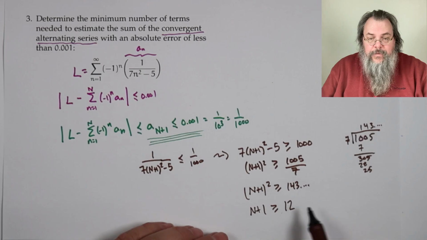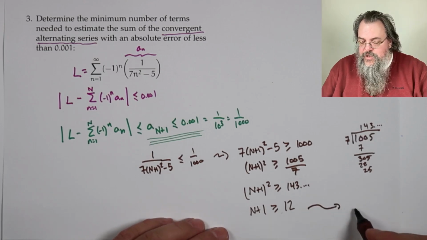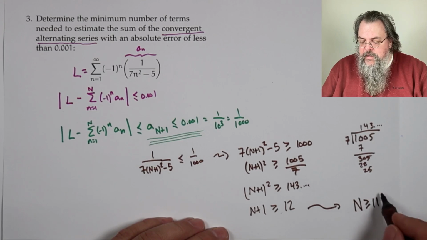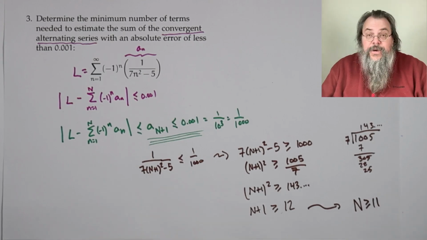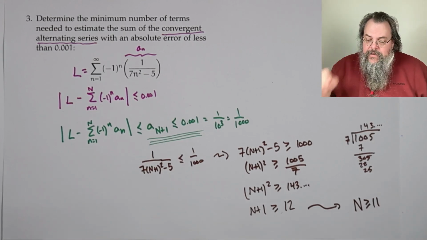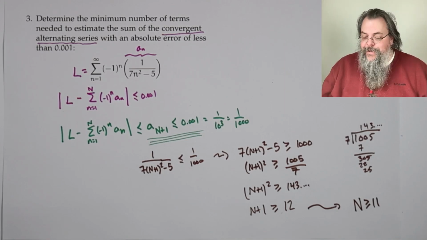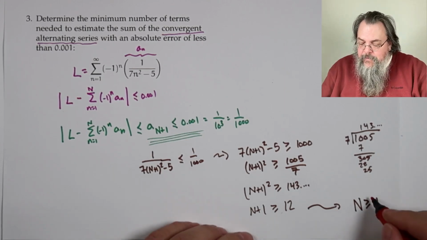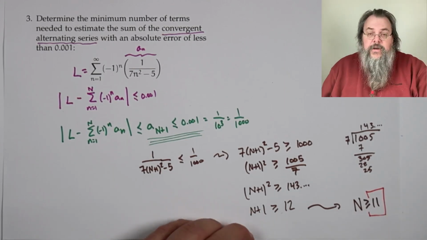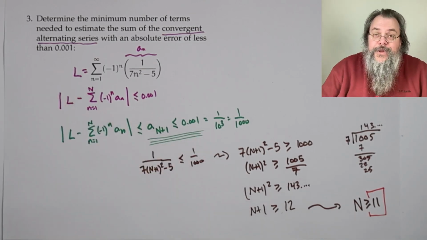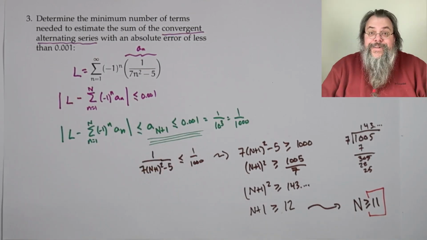Well, we subtract 1, and that leads us to the conclusion n has to be at least 11, and there we go. So we know by the time we hit our 11th term, our error will be fairly small, smaller than this 1 over 1,000. And that's it.